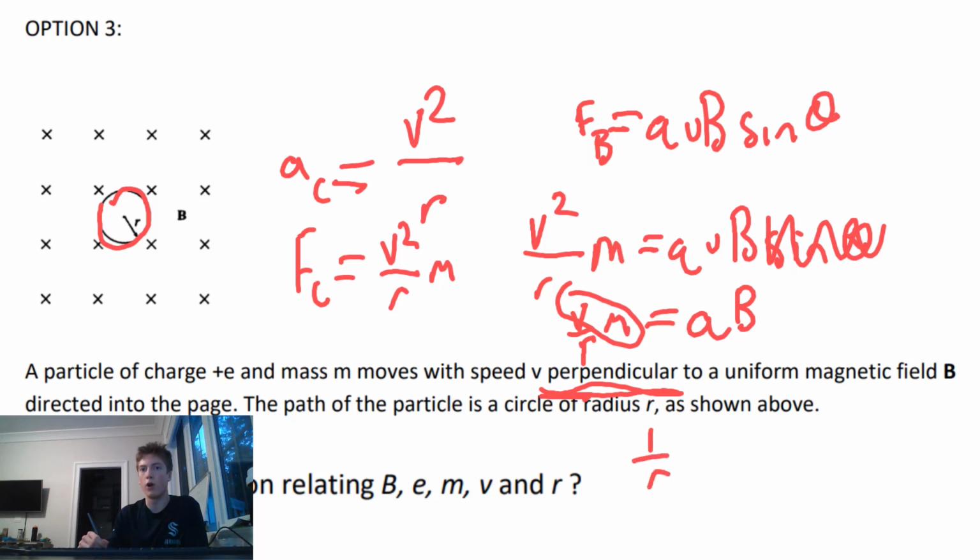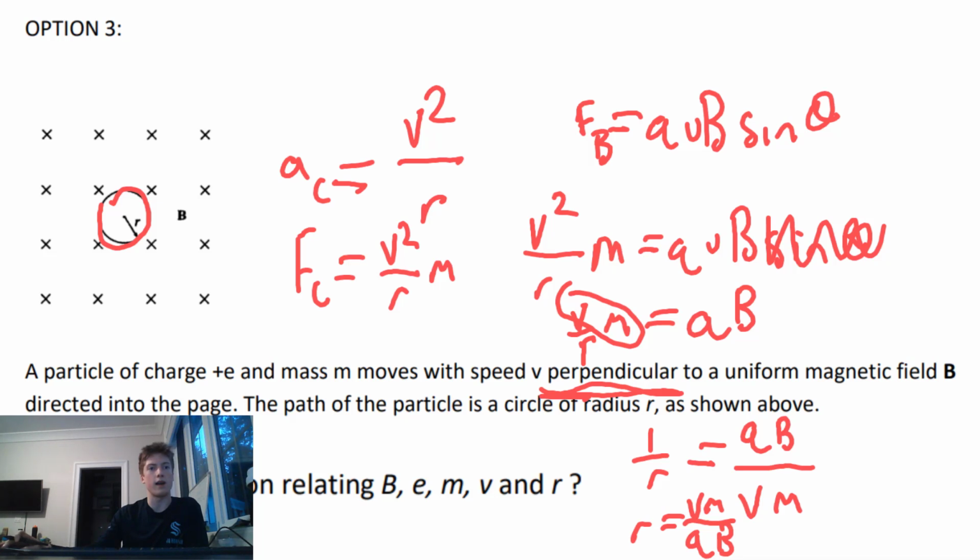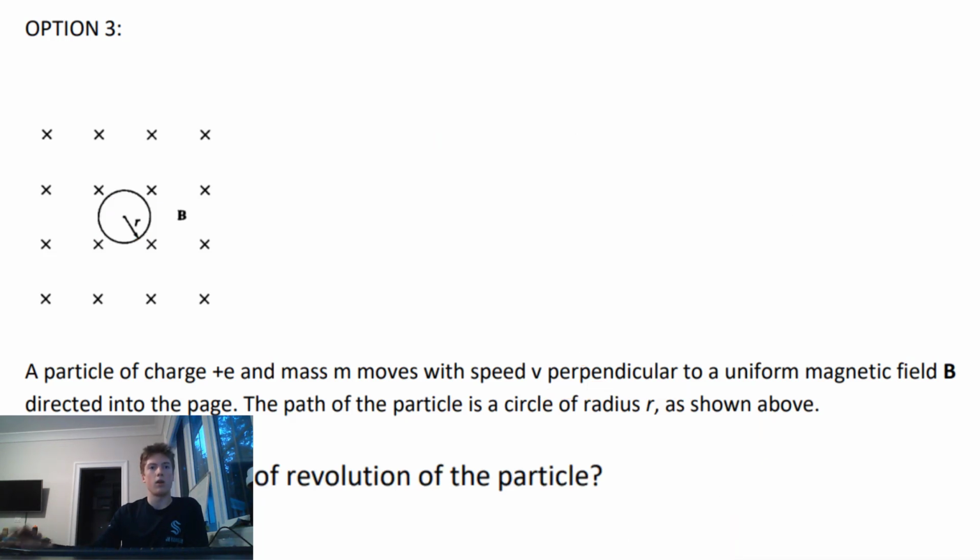We get 1 over r equals qB divided by v times m. Since this is the reciprocal of r, we can just flip the numerator and the denominator, and we get r is equal to v times m divided by q times B. Let's remember this for the next step of the problem.